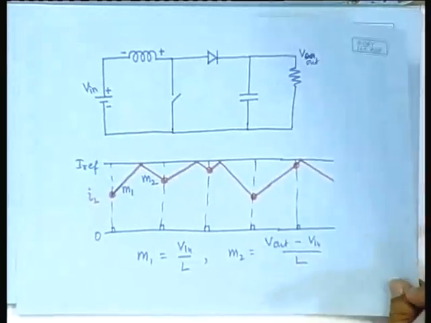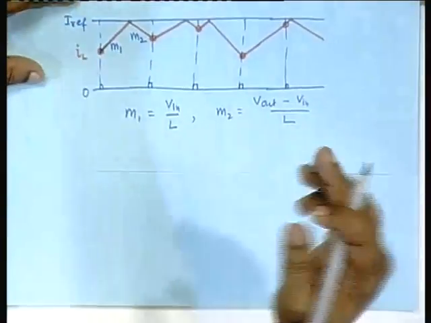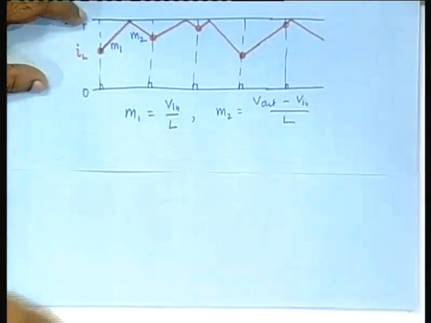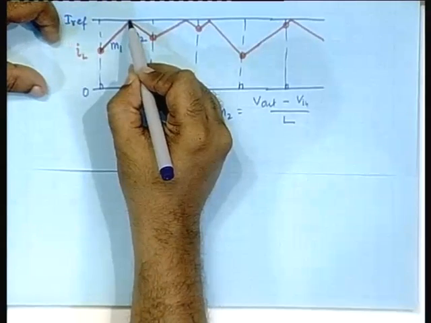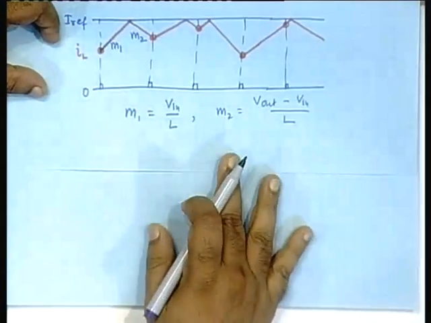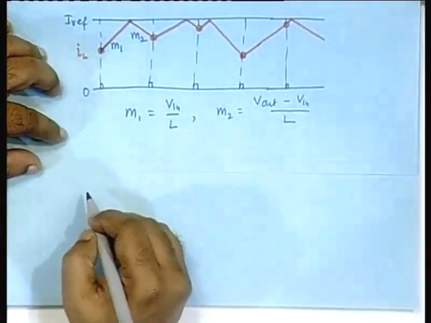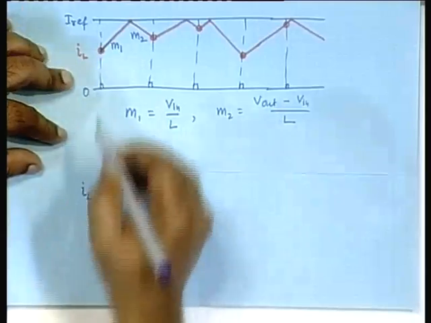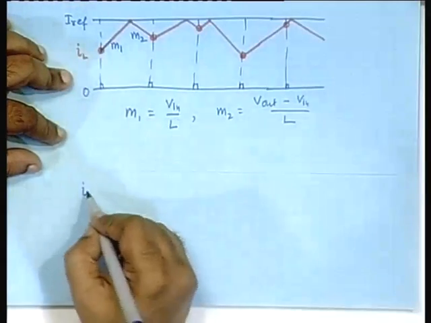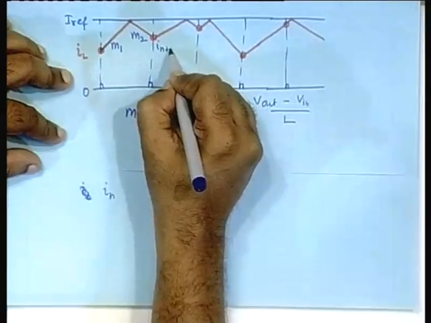In that case, if you try to obtain the discrete time description, just recall we have done that already. How will we proceed? We will first have to obtain this time. So, is that visible? Yes. So, what we will do is we will say I L, this is the nth time instant. So, I will say I n, and I am trying to find out I n plus 1.